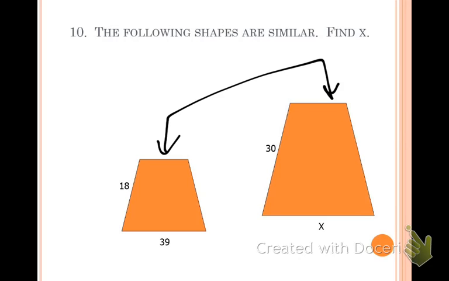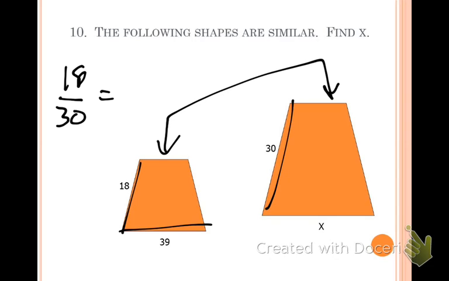The side that is 18 here matches up with which side in the bigger one? The 30. So I would write 18 to 30 and set it equal to the other two corresponding sides that I have, which is 39 to the x.